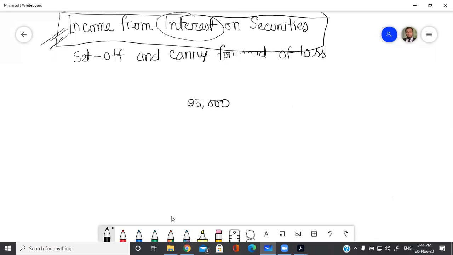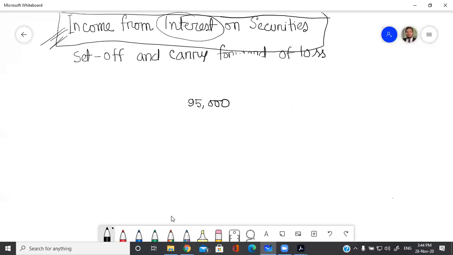For some securities, tax deducted at source, or TDS, is applicable.